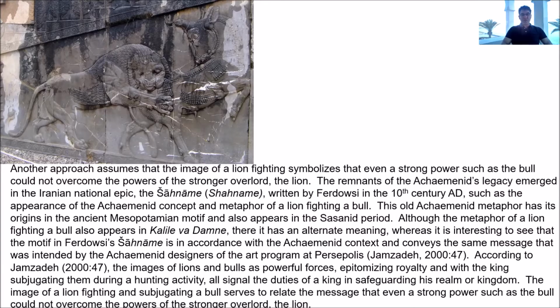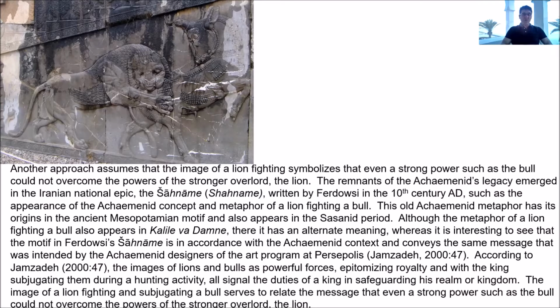the Iranian national epic, the Shahnameh, written by Ferdowsi in the 10th century, such as the appearance of the Achaemenid concept and metaphor of a lion fighting a bull. This old Achaemenid metaphor has its origins in the ancient Mesopotamian motif and also appears in the Sassanid period.